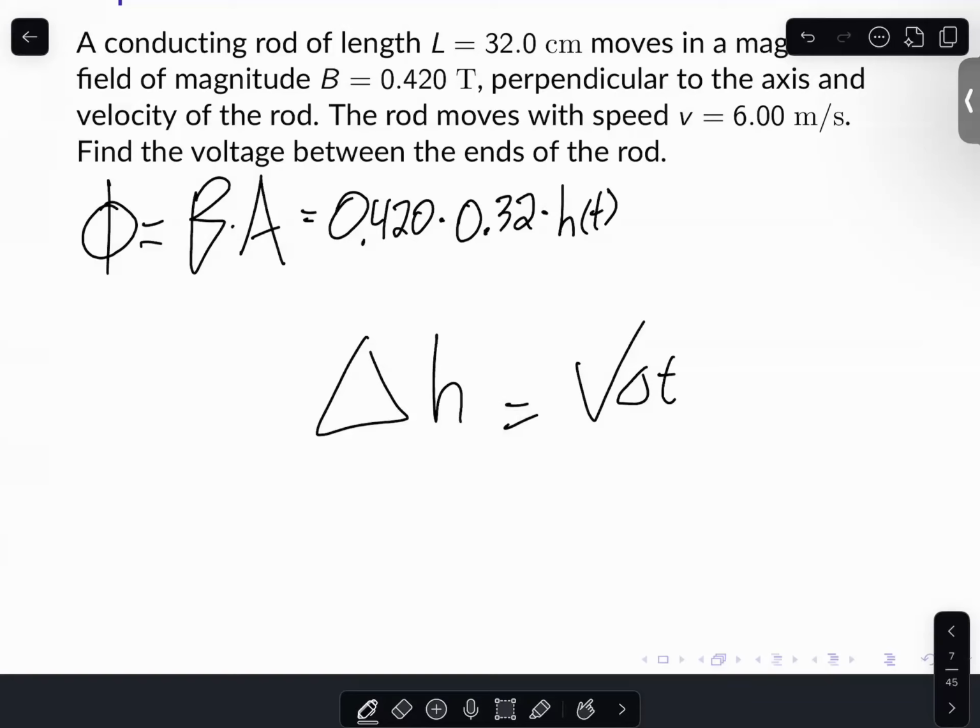Not looking for a number, my friends. If you start at 3 meters tall and are moving at 6 meters per second, you can write an equation for where you are. I'm looking for an equation. You can write a formula. It's not a number.